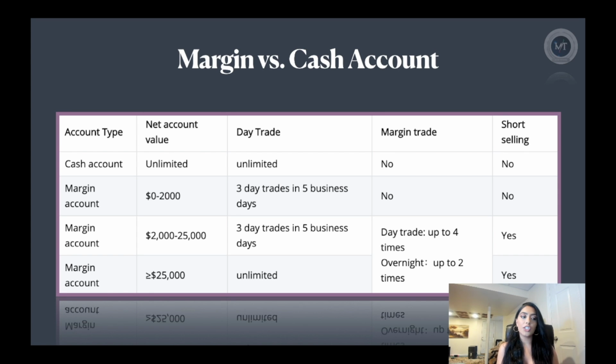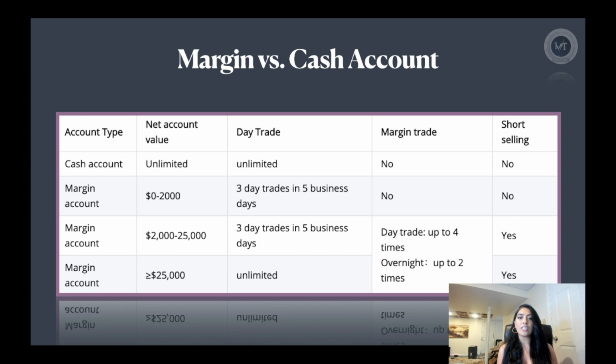Personally, I think a cash account is more convenient for newer traders. One, I think a cash account teaches you patience and discipline because you're restricted to the amount of cash that you have in that account. If you have a margin account less than $25,000, you are under the PDT rule, so it does kind of restrict you. But with a cash account, I personally think you're able to scalp a little bit more, take some day trades, take some swings.